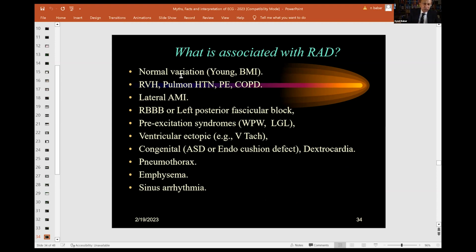It can also be associated with acute myocardial infarction, right bundle branch block and posterior fascicular block. So there are a number of things which the right axis deviation can be associated with, including normal variation. It's usually COPD or it is some sort of a right ventricular lesion.